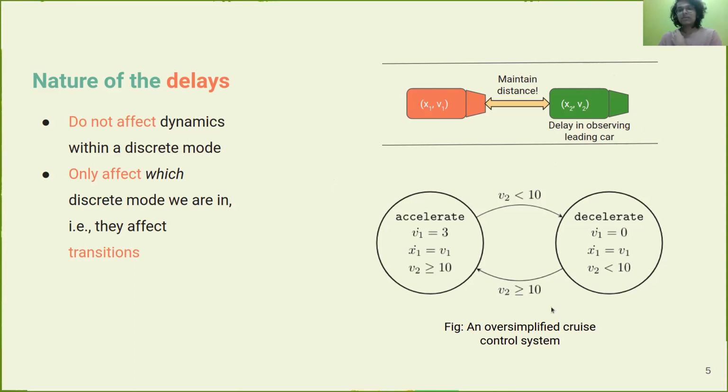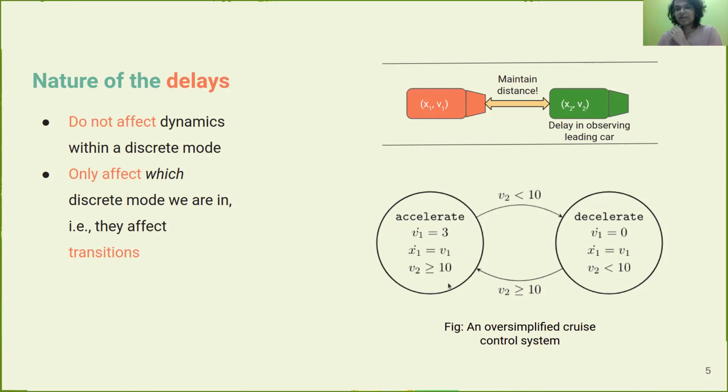Now, we propose this oversimplified hybrid automaton to model the orange car, and we claim that with this hybrid automaton model, collisions can be avoided, although this might not necessarily be true, but that's okay.